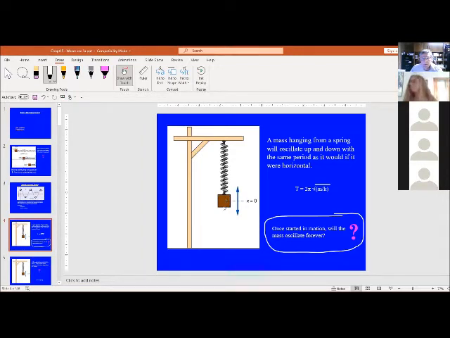What do you think? Yes, it will oscillate forever unless there are frictional forces or air resistive forces. If you take them out, then this thing will oscillate forever or until somebody hits it. If you take what out? Frictional forces or air resistance.